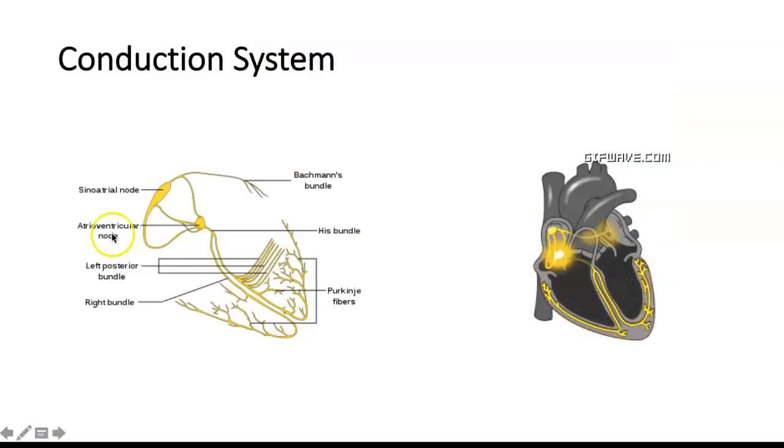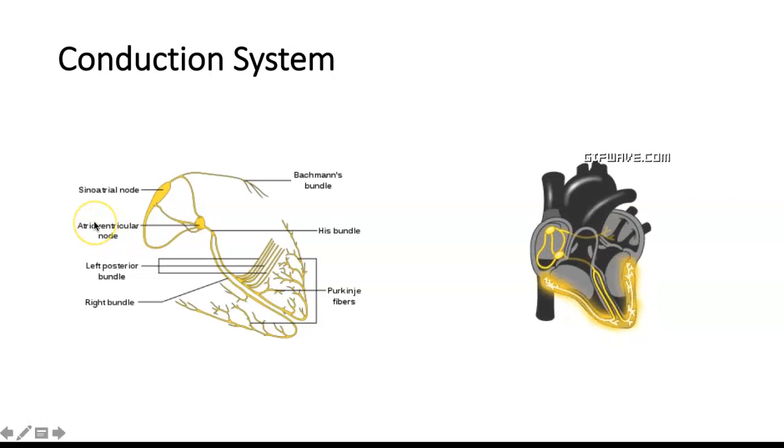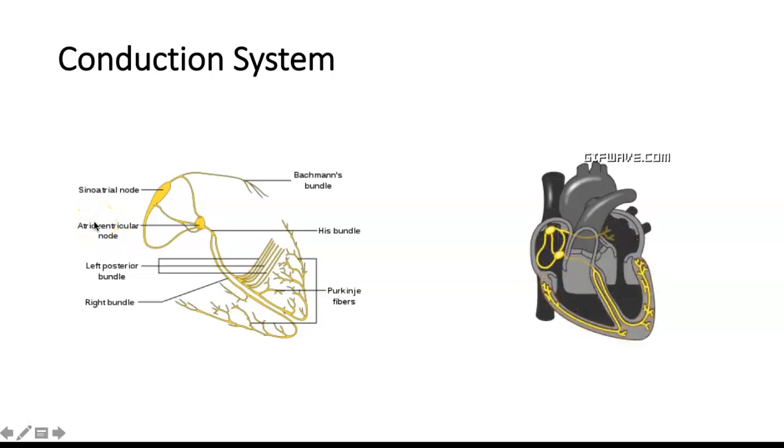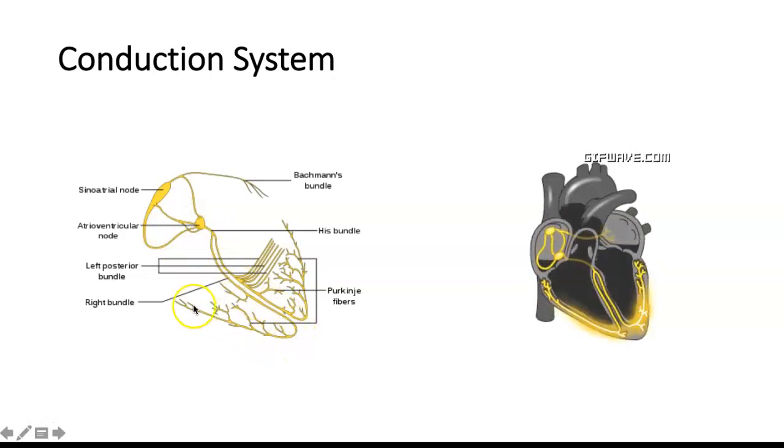As a review, recall the normal conduction system of the heart, starting at the sinoatrial node, depolarizing down to the AV node, down through the His bundle, the bundle branches, and the Purkinje fibers.